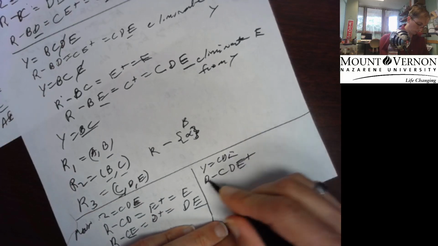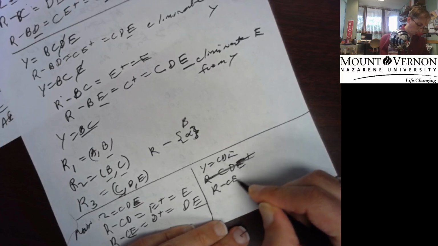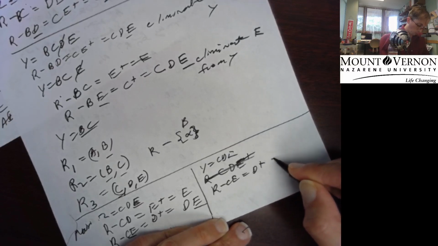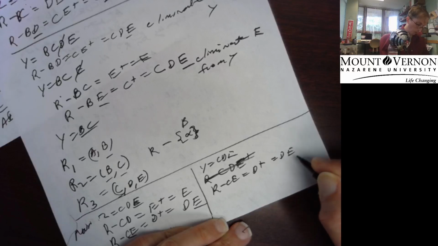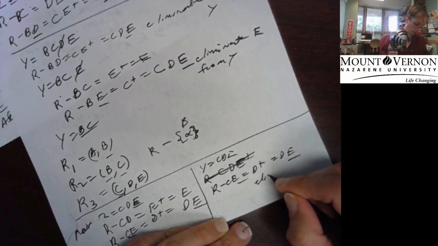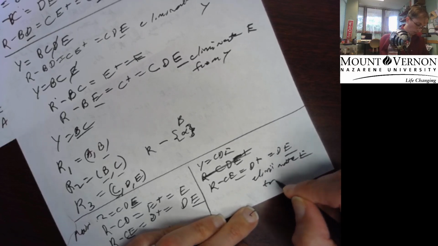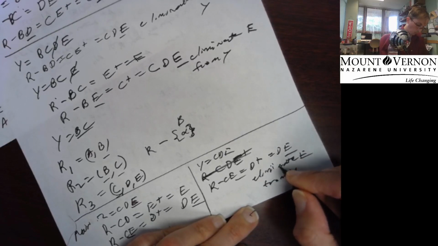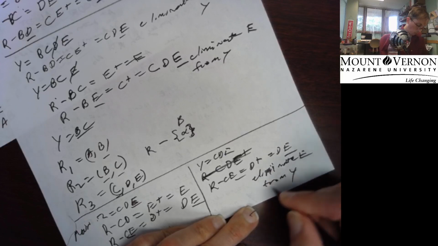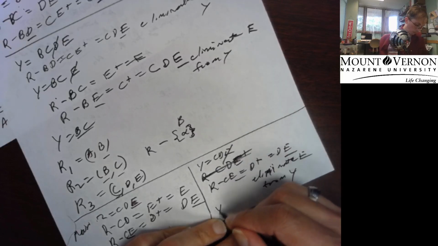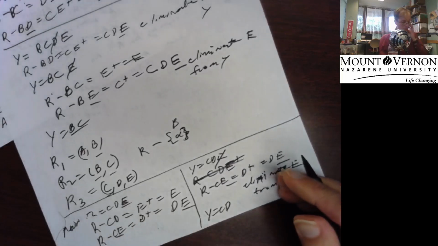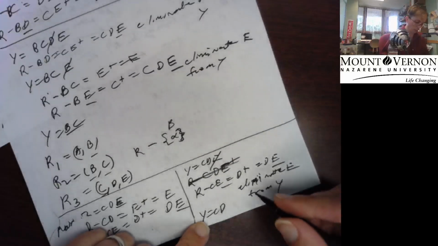So we have our E, so we can eliminate E from Y. Two attributes, we know that's going to provide us with something in Boyce-Codd normal form.